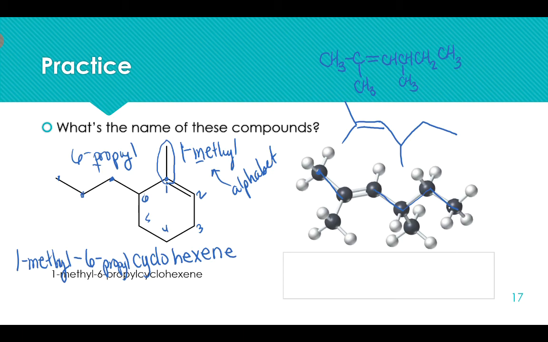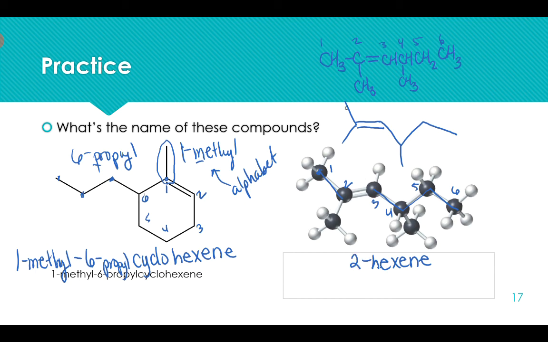Okay, so here I get the choice of numbering from this direction or numbering from that direction, but I have to minimize the numbering of the double bond, and it looks like it's closer to this direction. So it's 1, 2, 3, 4, 5, 6. So that is a hexene, and it's at carbon number 2 where the double bond is located.